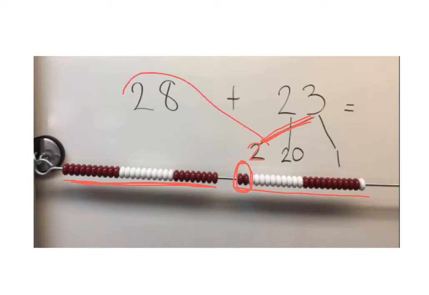And when I add 28 plus 2, that equals 30. Then you can see that I have 20 right there. So that's my 20. And then the very last thing that we will add is the 1. So 30 plus 20 is 50, plus 1 is 51. Great job.